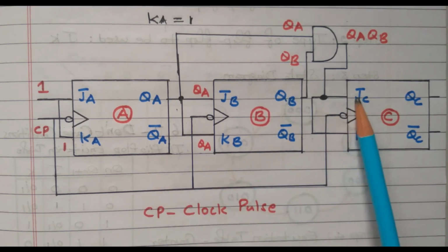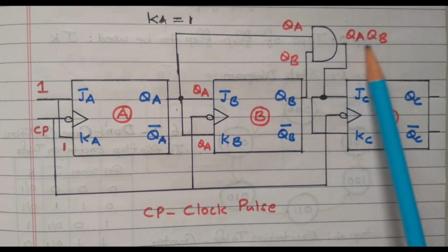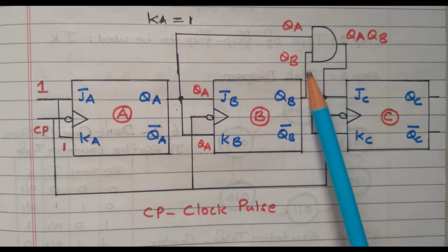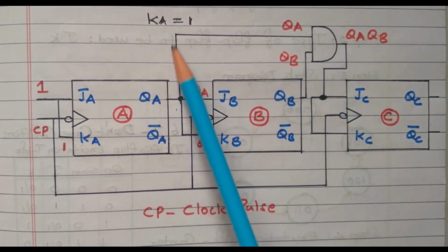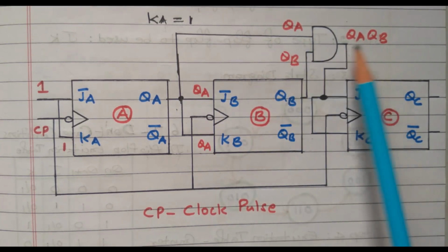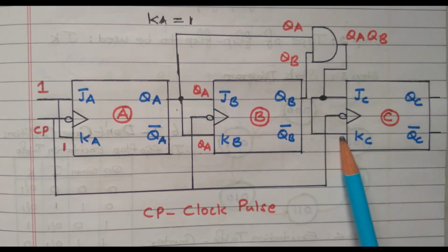What about JC and KC? Both are QA and QB, right? We need to multiply QA and QB, so we are using one AND gate. Both are connected. Due to the AND gate, it will multiply QA and QB. So the output of this AND gate is given to JC as well as KC, right?